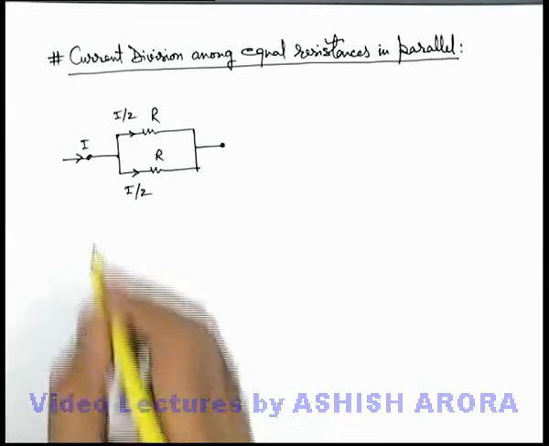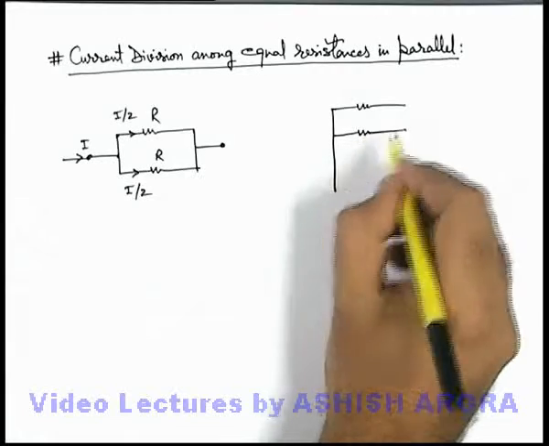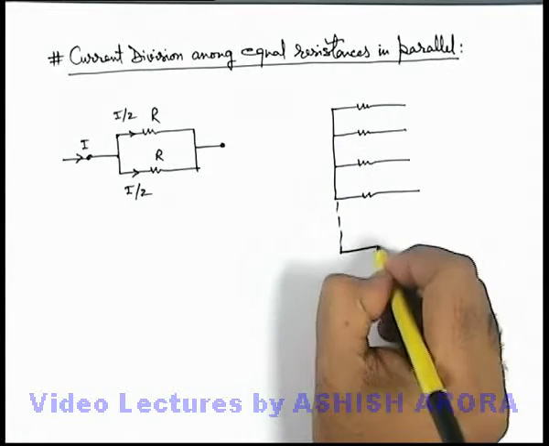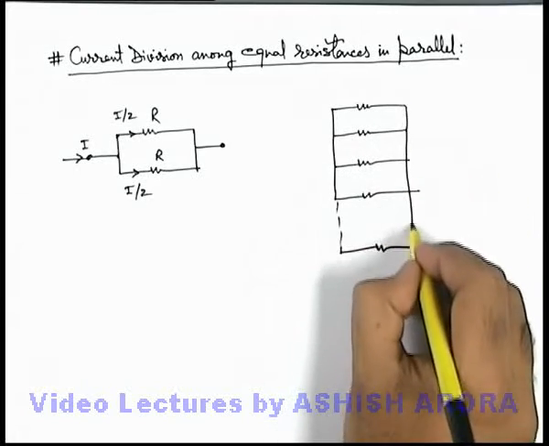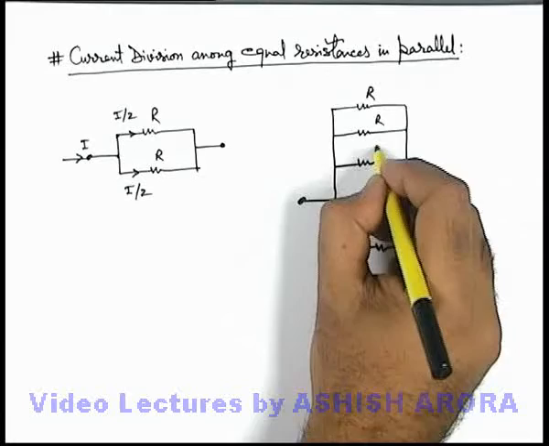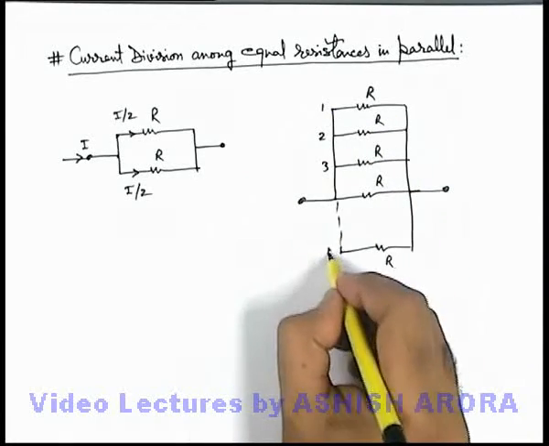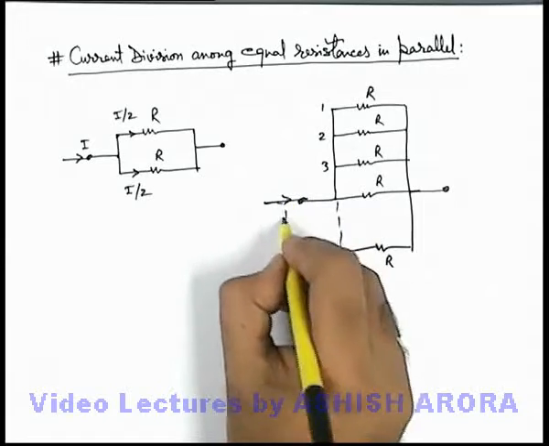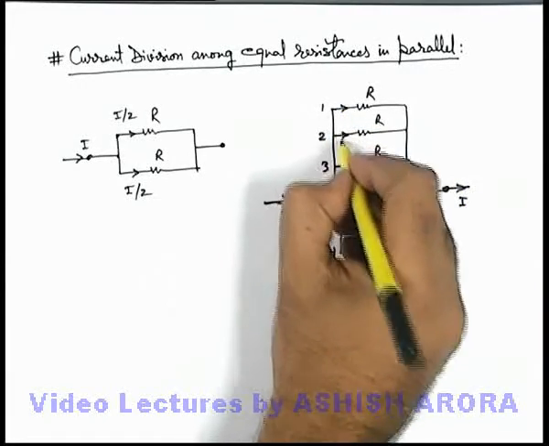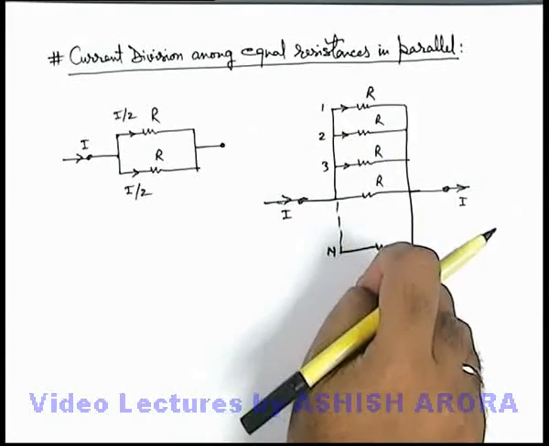Similarly, even if we have a group of n resistances connected in parallel, and all resistances are identical like this, say the total resistances are 1, 2, 3 up to n, and a current I is supplied into the combination, then across each resistance the potential difference is equal, so the current will be the same.